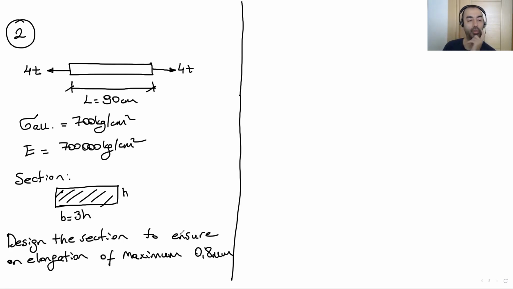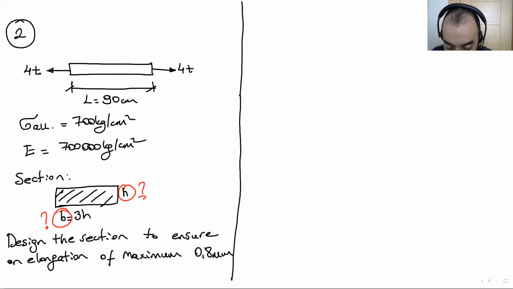Okay, what we have is a number like this, and the section is a rectangle with proportion 1 to 3. So design means determine the numbers for H and B. When we say design, calculate the dimensions of the member. Calculate this one and this one.